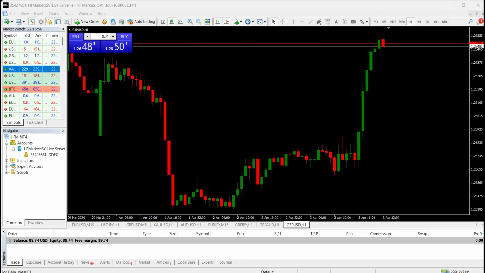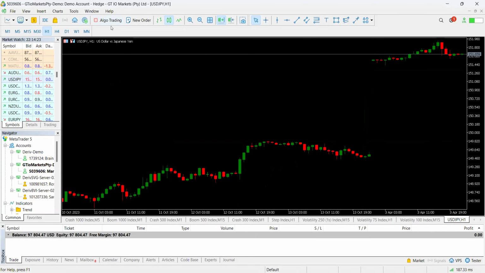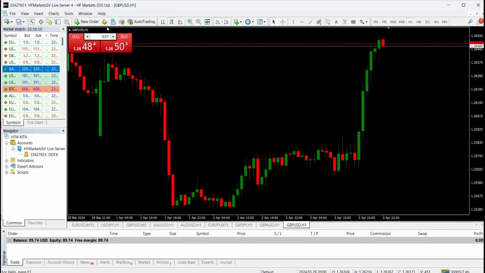Which platform am I showing? If you are on MT5, like I just switched right now, you will see algo trading. What is algo? Algorithm. So probably there's a pattern you always use in trading, and you develop software to handle that particular style of trading for you. Some of those tools you'll be having access to.